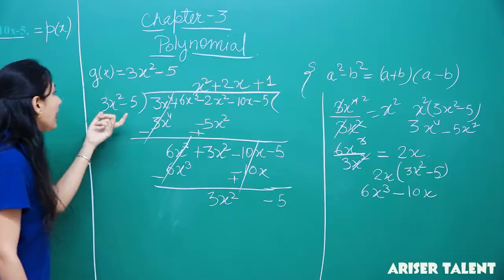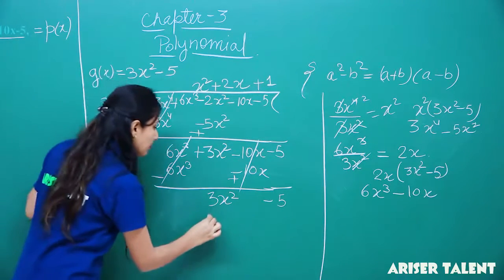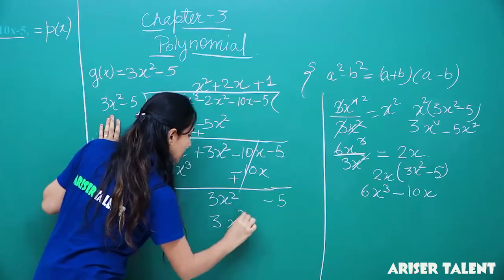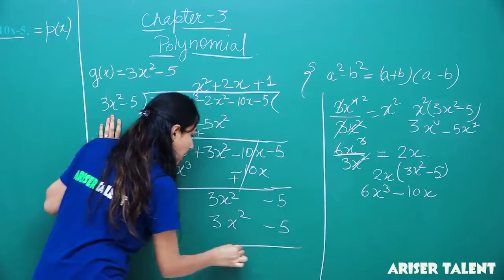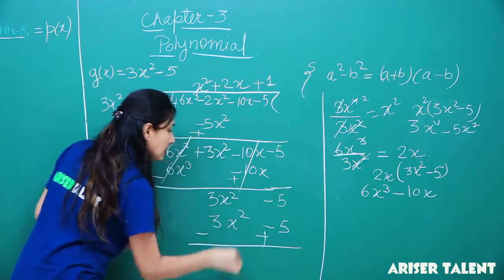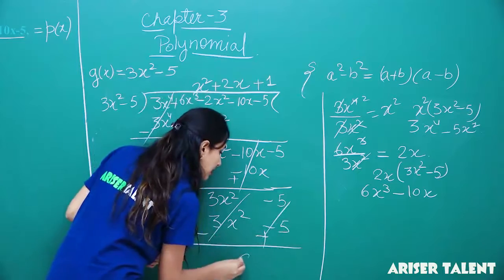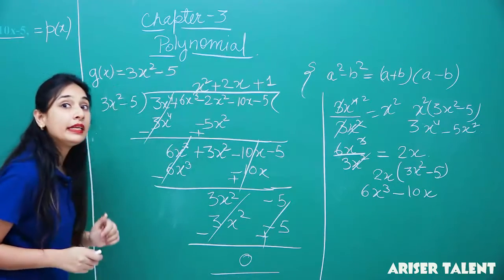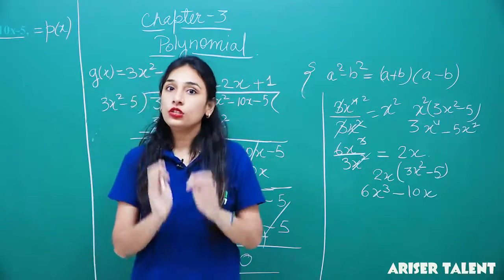Multiply this one by this, we get the same term. So write it as it is. Now change the signs, cut this, and you have got the remainder equal to 0.